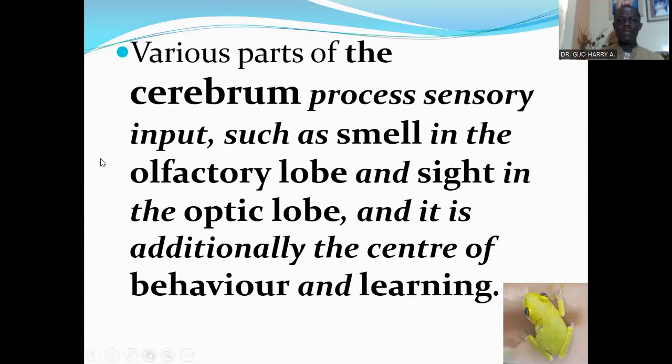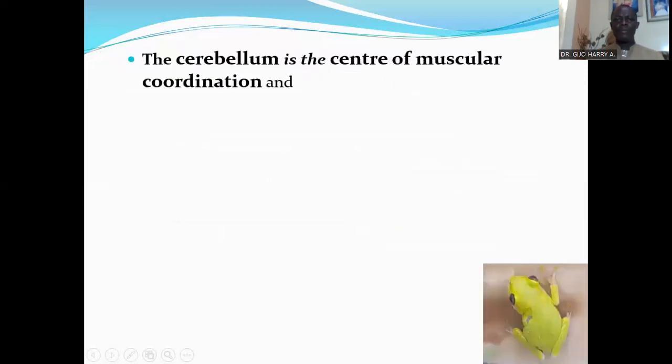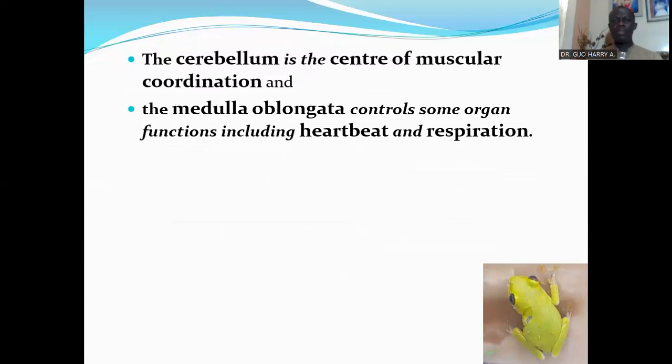It is also known to be the center of behavior and learning in amphibians. What about the cerebellum? The cerebellum is the center of muscular coordination. It coordinates muscular activities, while the medulla oblongata of the amphibians controls some organ functions, including heartbeat and respiration.